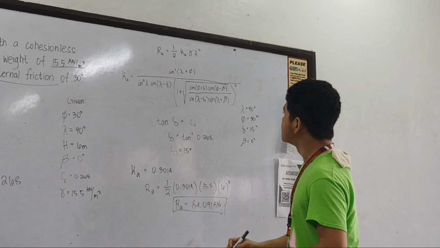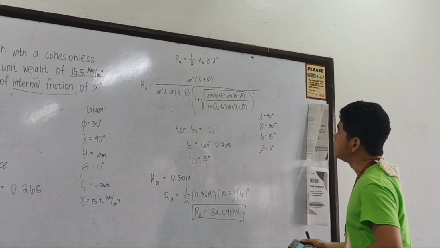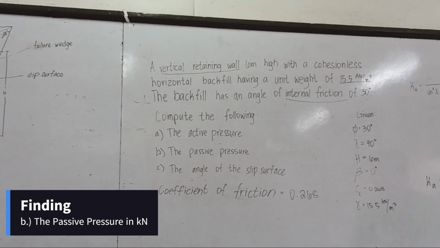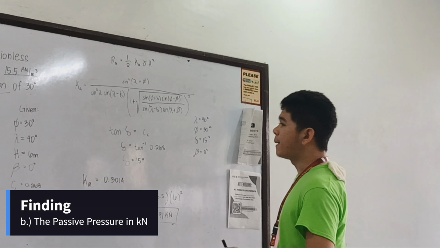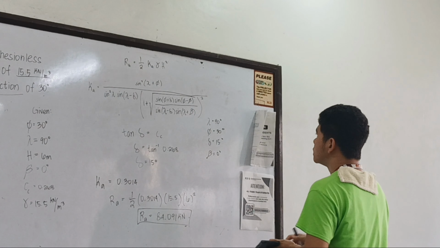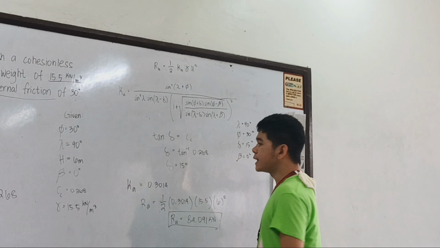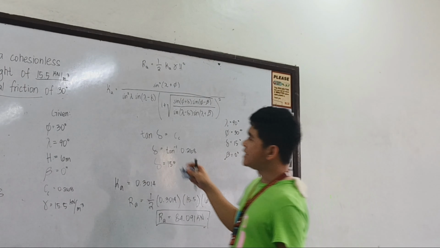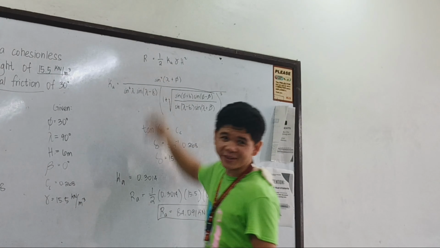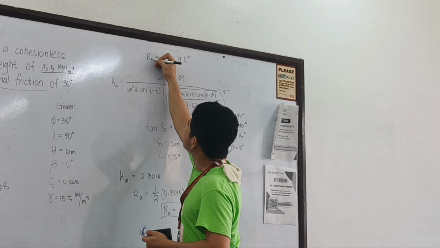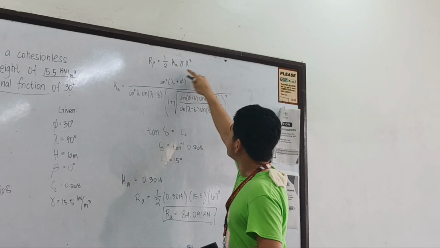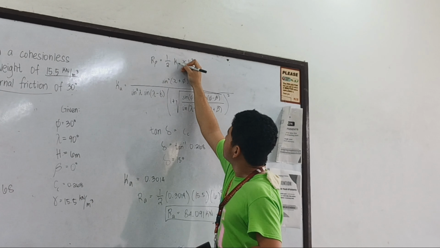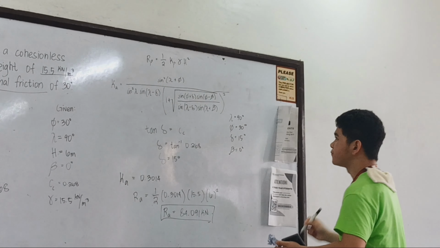Now letter B, where we will get the passive pressure. The difference between passive pressure and active pressure is that passive pressure is RP, and the method uses the coefficient of passive pressure.